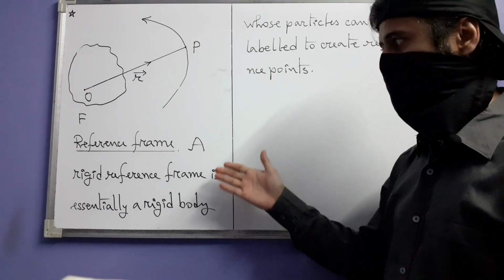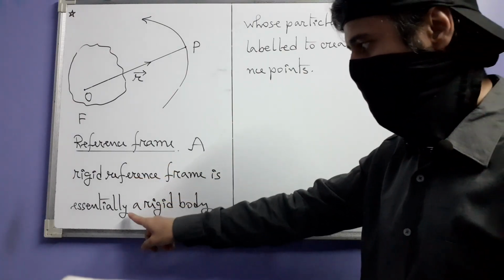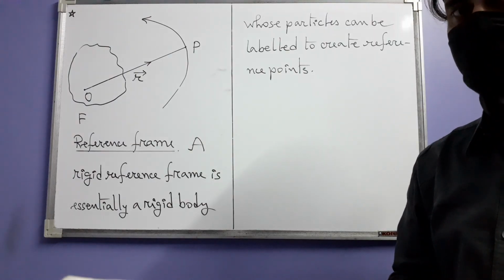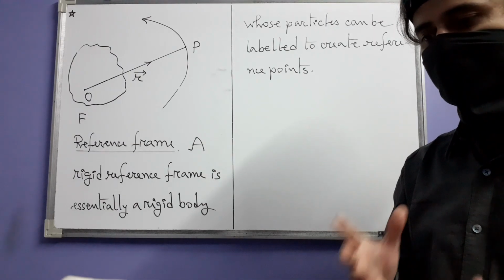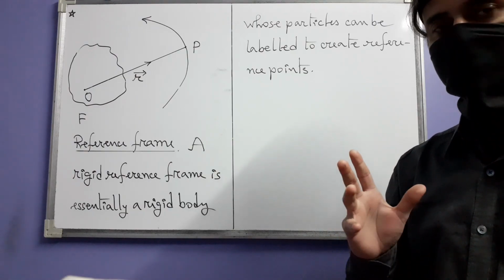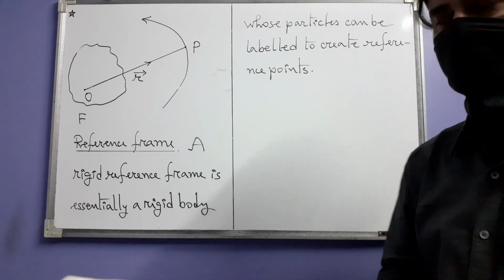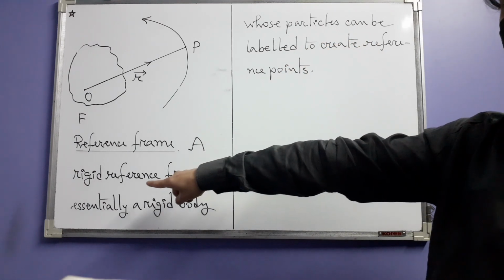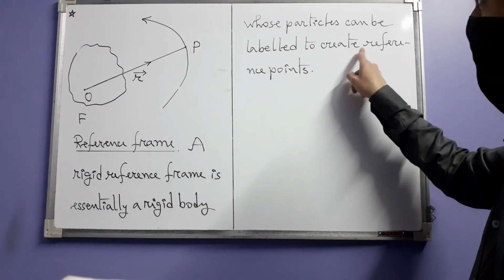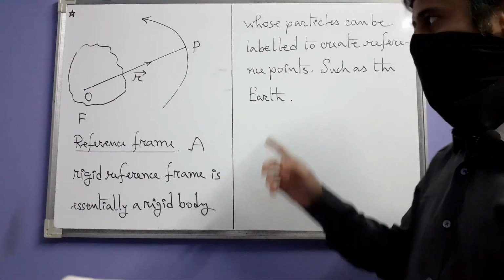So the author first defines a rigid reference frame. A rigid reference frame is essentially a rigid body. We already know what a rigid body is from the previous video. It's a collection of particles where the particles do not change relative position with respect to one another, such that the particles of this rigid body can be labeled to create reference points, such as the Earth.